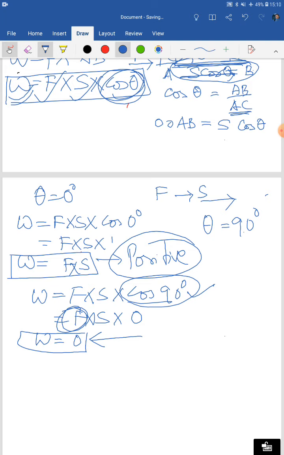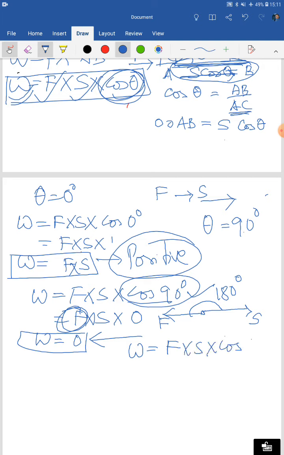Alright, clear? So work done is 0 when there is no displacement. Is that okay? Now if the displacement of the object is opposite to the direction of force, then the angle between them is 180 degrees. So at this time I get W equals F into S into cos of 180 degrees, which means F into S into minus 1.